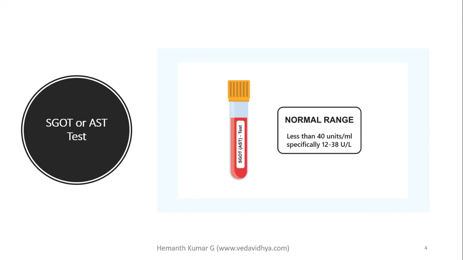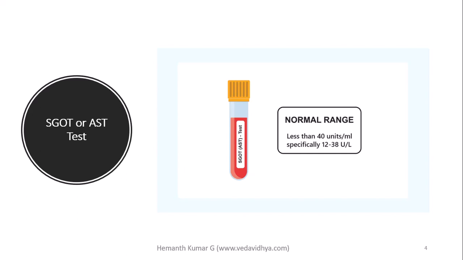Now, what do the numbers mean? The normal range for AST is typically under 40 units per milliliter, though this can vary slightly between laboratories. Specific ranges often fall between 12 to 38 units per liter.